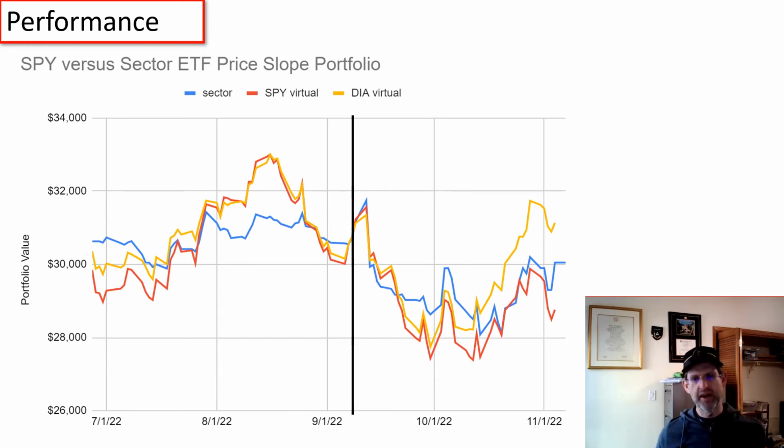Not market cap weighted, but there you go. What's been interesting in the last month or so has been the outperformance of the Dow Jones Industrial Average relative to the SPY. Kind of crazy. A real big rotation into large caps, dividend paying, reasonably priced large caps. But anyway, I'm beating the SPY, which is great.